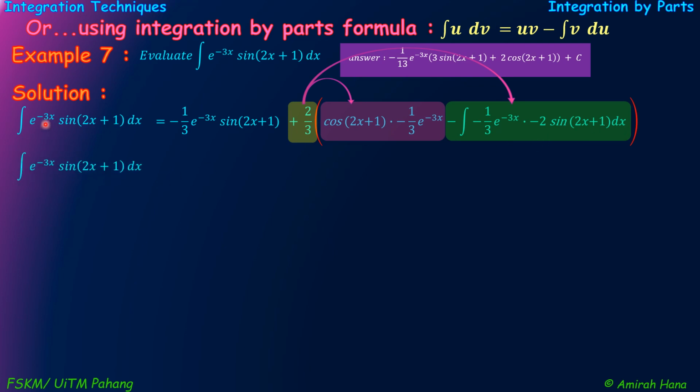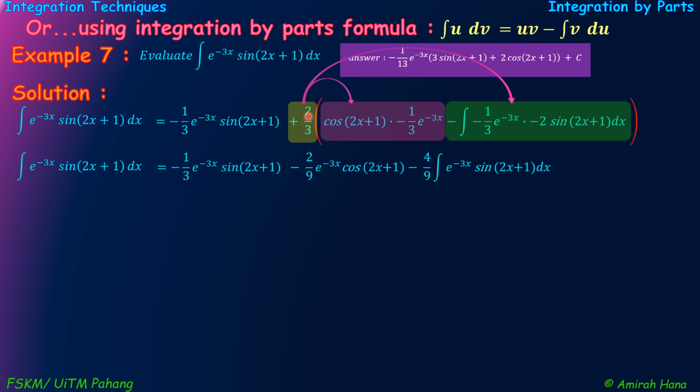So we have the integration of e to the power of negative 3x sine 2x plus 1 dx equals, we still have negative 1 over 3 e to the power of negative 3x sine 2x plus 1. And then when we multiply 2 over 3 times negative 1 over 3, we get minus 2 over 9. And then we rewrite e to the power of negative 3x in front, and then cos 2x plus 1.